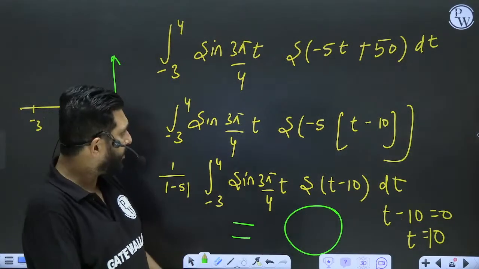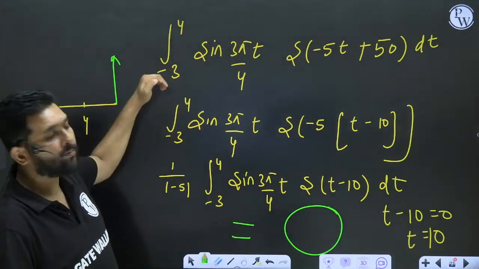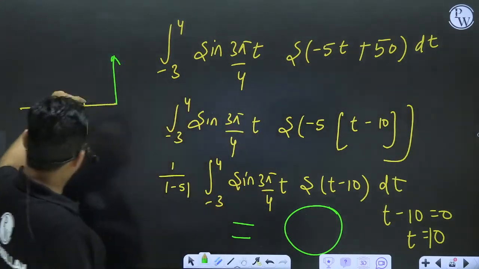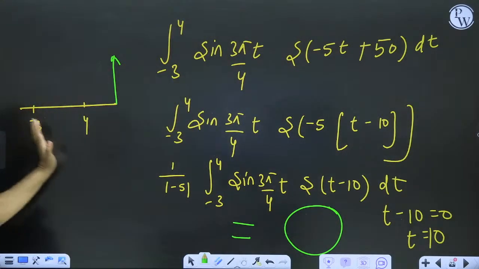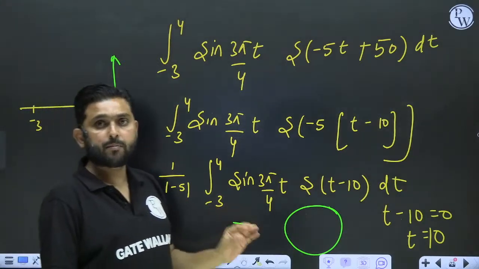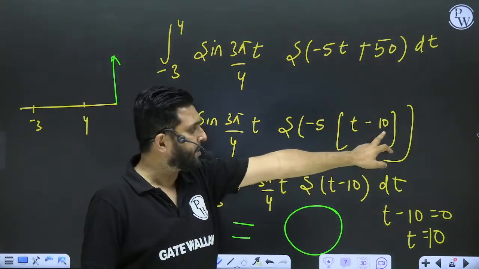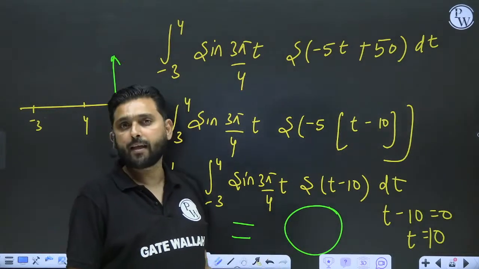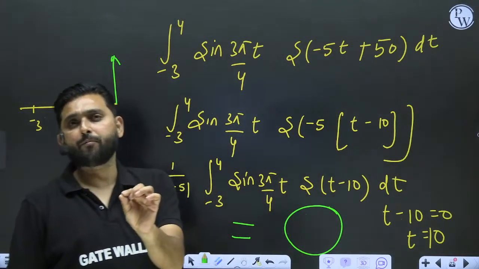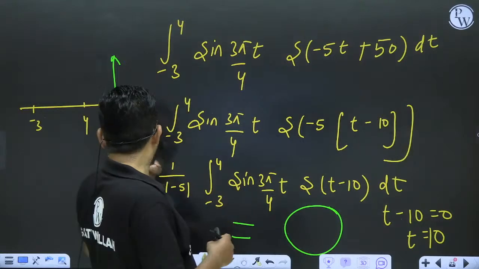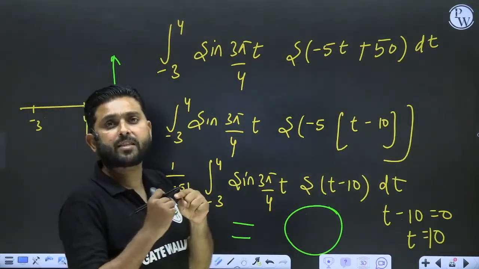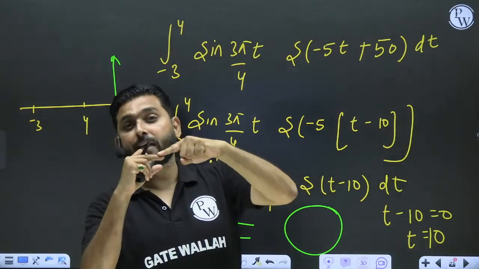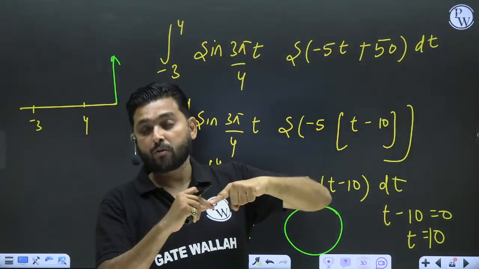Okay, so whenever there is a definite integral, you have to take care whether the impulse lies within the limit or not. Suppose it lies at 4 or minus 3, both the limits are also inclusive. This means that had it been t minus 4, then the answer will be there, because ideally we define the function so that it exists at a certain point, though practically it is not possible.